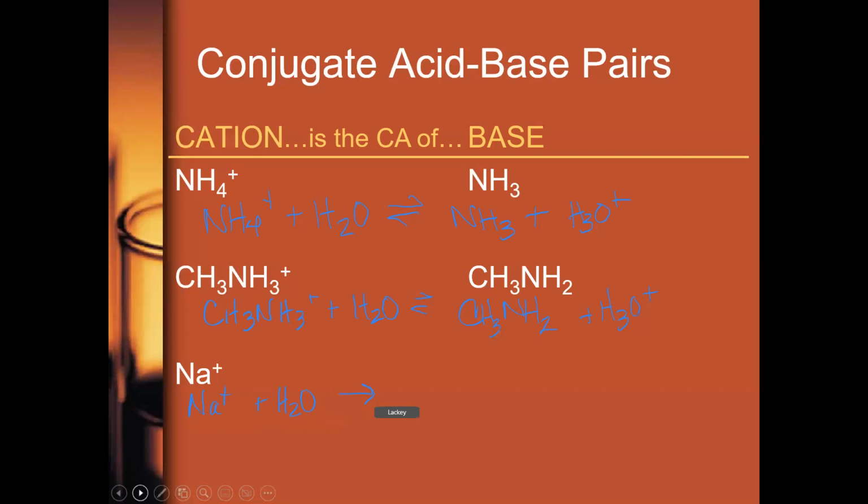So if water releases the hydrogen, it creates an H plus, leaving behind a hydroxide that pairs up with the sodium. This is one of our strong bases, meaning that it will turn back into the ions. So anytime it's going to produce a strong base, this ion is going to end up being neutral, because instead of producing that base, it's going to turn back into that ion overall.